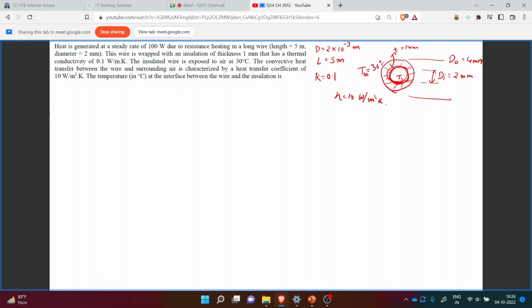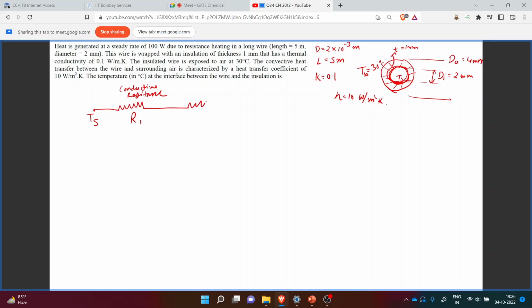Now, let's draw the resistance diagram. So if Ti is the temperature of the wire, and the temperature of the wire will remain uniform, so it will be the same at the surface. So let's just call it as Ts. So throughout the wire, the temperature will be Ts, and then we have the insulation, and due to insulation, we will be having a conductive resistance, that is R1.